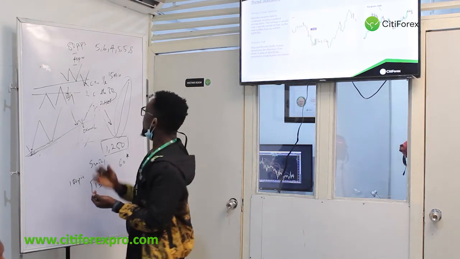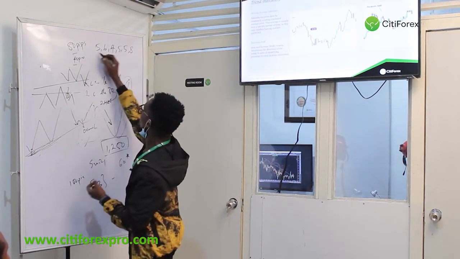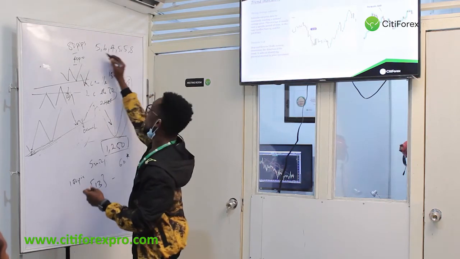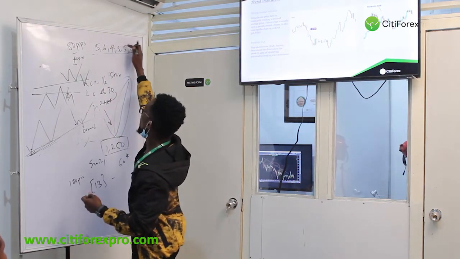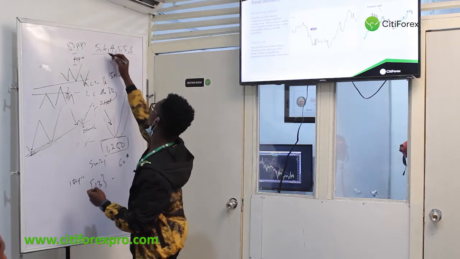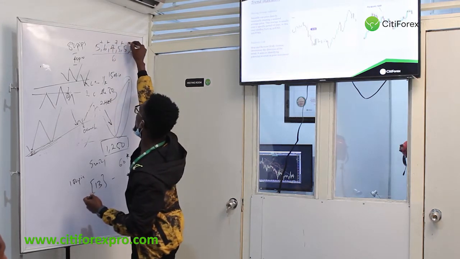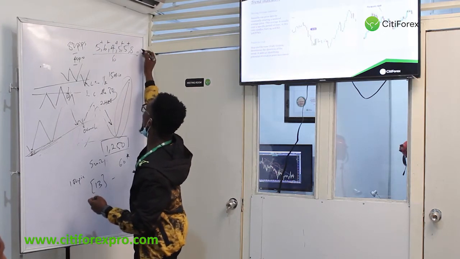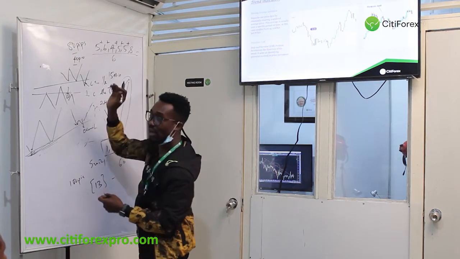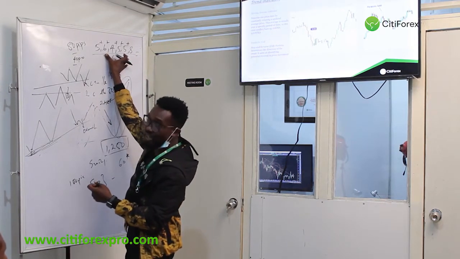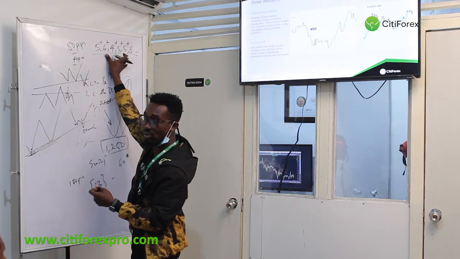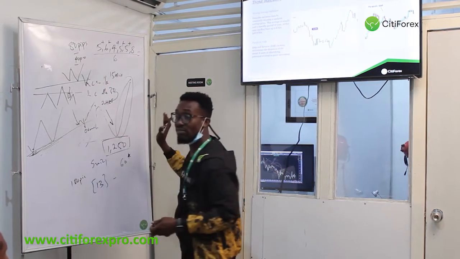What you will do is add up all these numbers and divide it by how many they are, over 6. Then you have a number that is the average of all of these numbers. That's what moving average is.